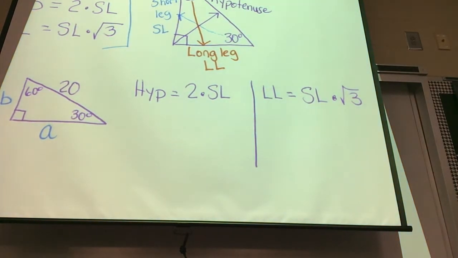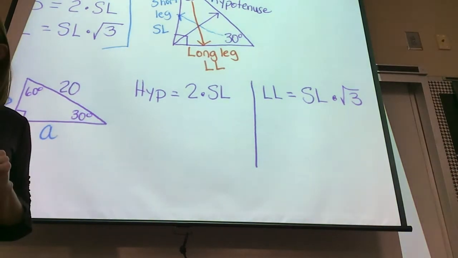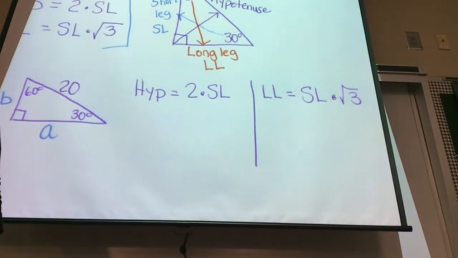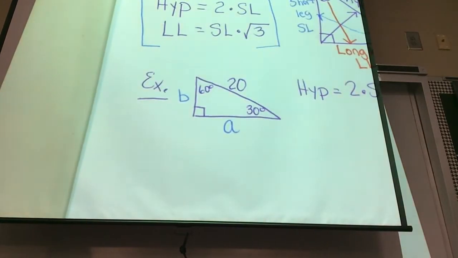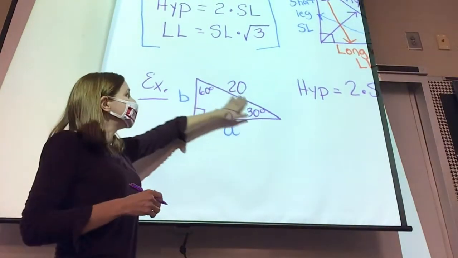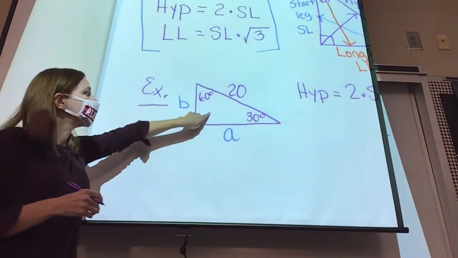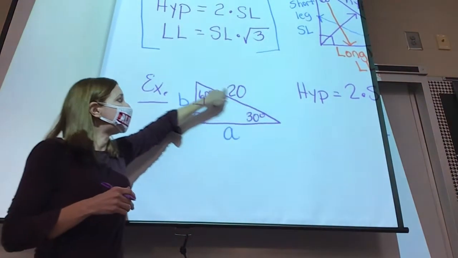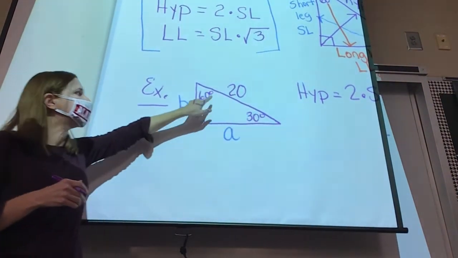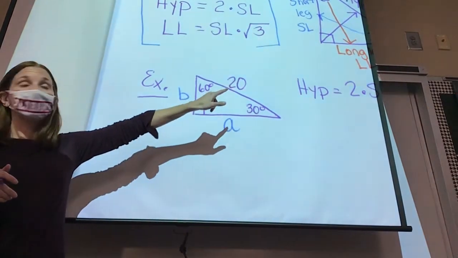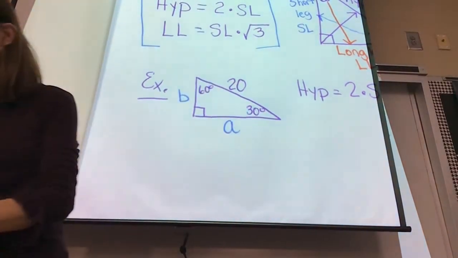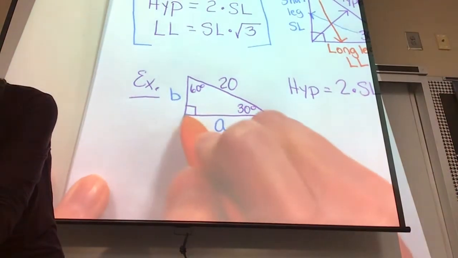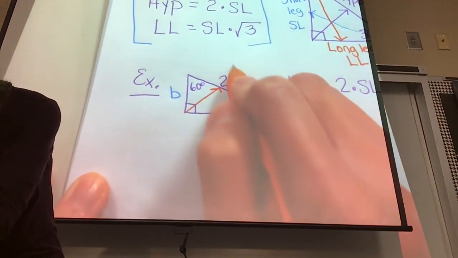So if I've written down both of them, what is the only piece that was given to me in my problem? The hypotenuse. Here's my 90-degree angle. The only piece across from that, straight across, is my hypotenuse.